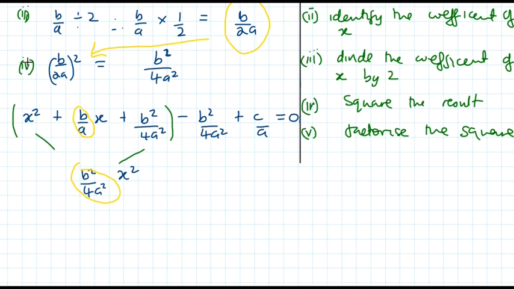Okay, so it makes it easier for us to factorize our equation, so we don't have to search for any terms. Now we already have the term b over 2a x, and b over 2a x, because if we add these two terms we get b over a x, and if we multiply b over 2a x and b over 2a x we get b squared over 4a squared x squared.